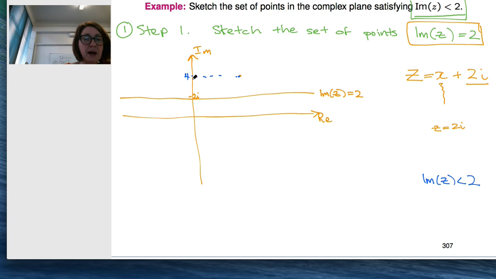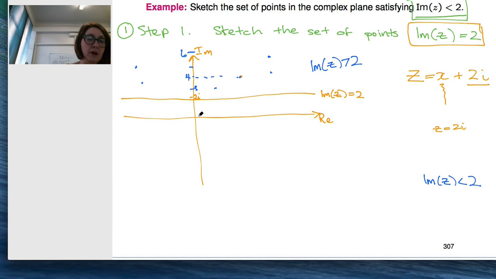If I've got a number up here, its imaginary part's going to be maybe 6, and the same with numbers over here. It doesn't matter which side of the imaginary axis we're on. If I'm above that line, the imaginary part is going to be a number bigger than 2. This one might be about 3. So if I'm a complex number above the line, then the imaginary part of that complex number is going to be bigger than 2.